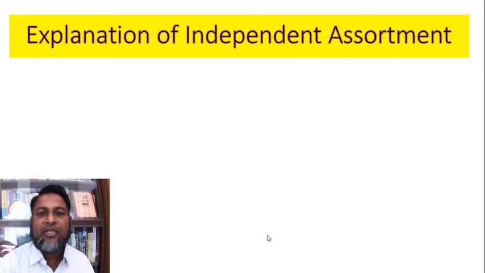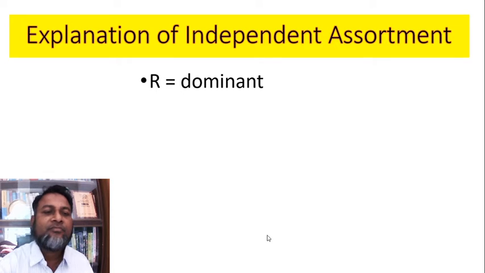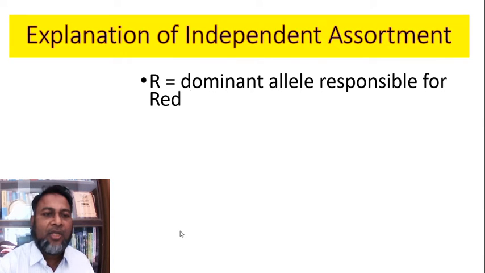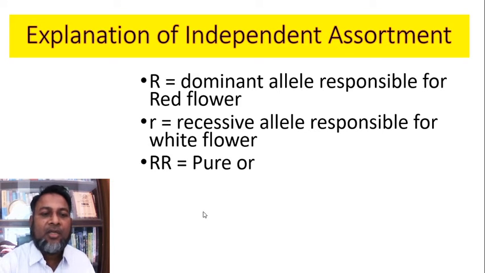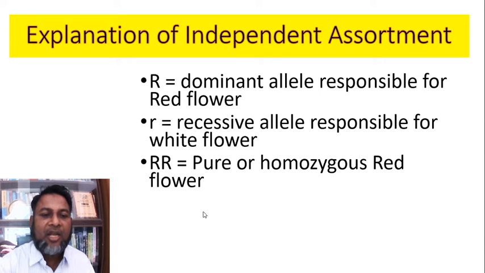Explanation of incomplete dominance. We use capital R for the dominant allele responsible for red flower. Small r means the recessive allele responsible for white flower. Capital R capital R is pure or homozygous for red flower.